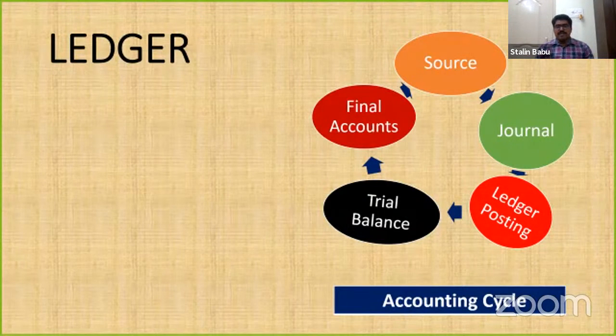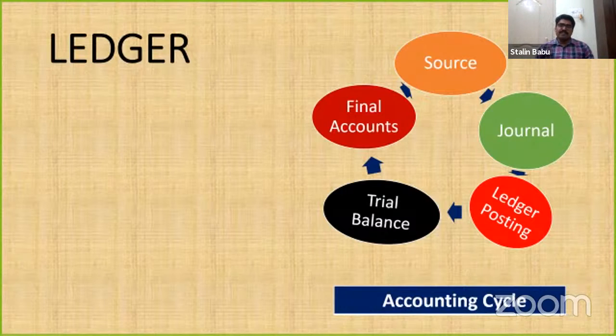In the earlier chapter, in journal, we learned analyzing of business transactions, classifying the accounts involved in the transaction, and recording the journal entry based on the principles of debit and credit. So journal is a primary book. In the journal, we record all the business transactions.